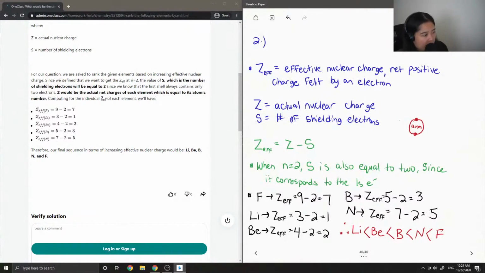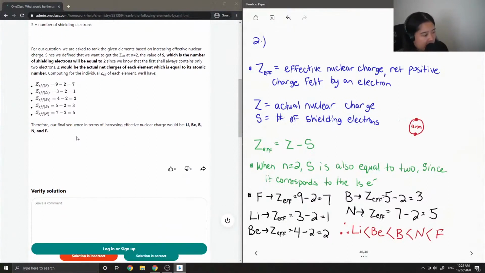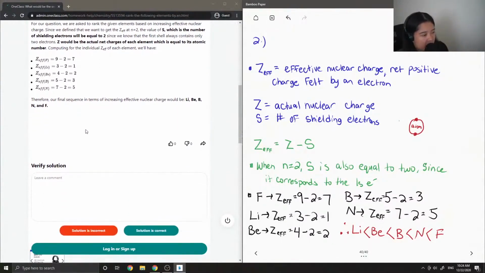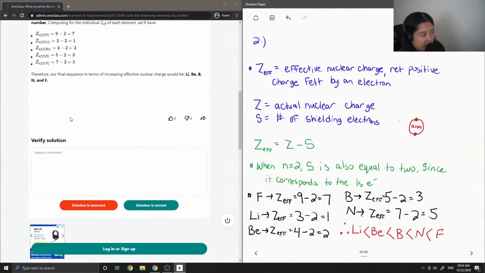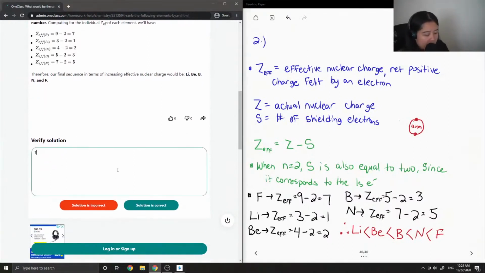Z would be the actual net charges of each element, which is equal to its atomic number. And then computing for the individual Zeff of each element, we'll have 7, 1, 2, 3, and 5. Therefore, our final sequence in terms of increasing effective nuclear charge would be lithium, beryllium, boron, nitrogen, and fluorine. Yep, so this solution is correct.